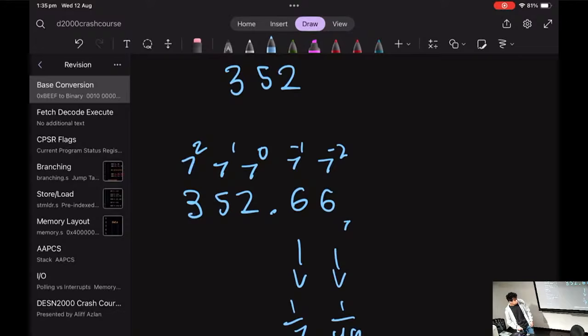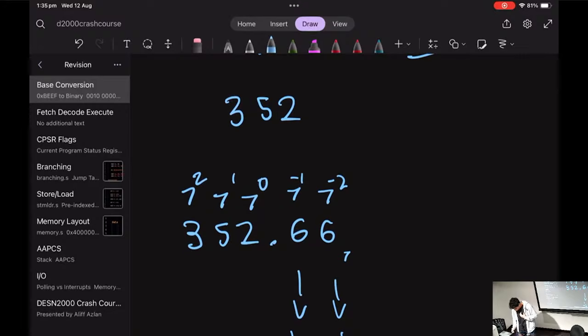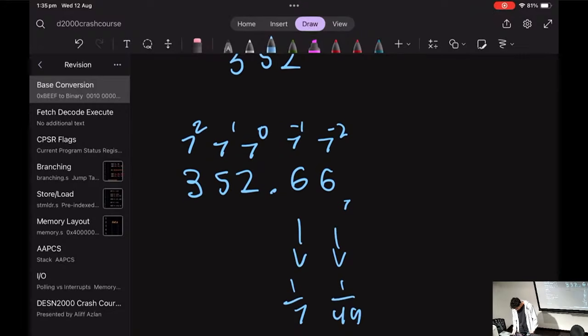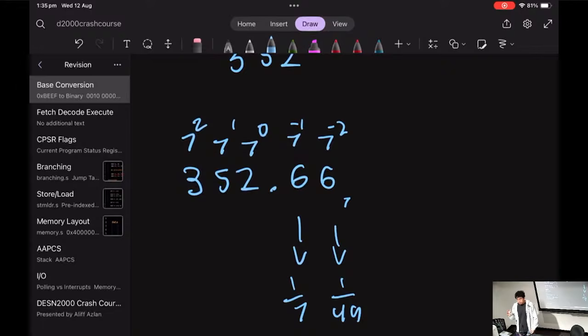And it's a similar thing to go through decimal to base 7 as well, except we multiply out through the fractional parts. Yeah. Anyway, that was much longer than I wanted to spend on base conversion.